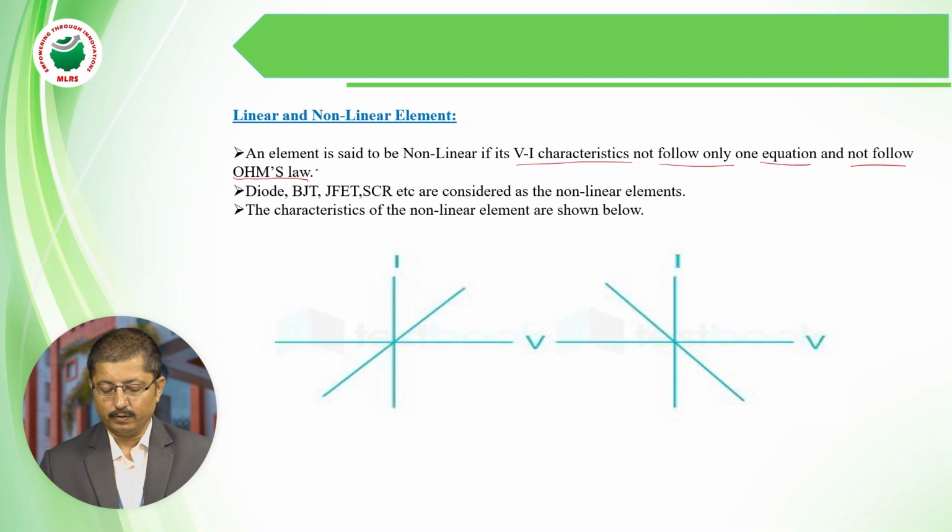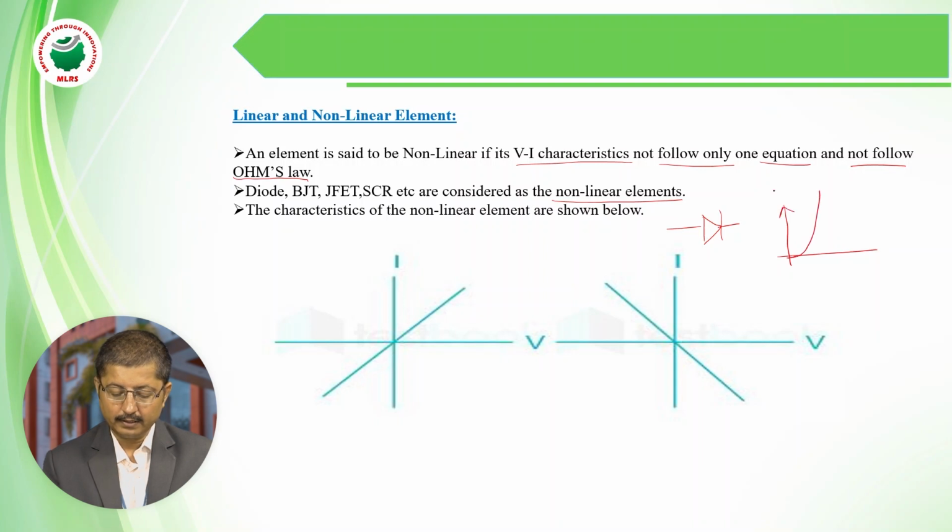The best examples of non-linear elements are diode, BJT, JFET and SCR, that is silicon controlled rectifier. If we observe the VI characteristics of a diode, they are not linear like this. These are the volt-ampere characteristics of a diode.